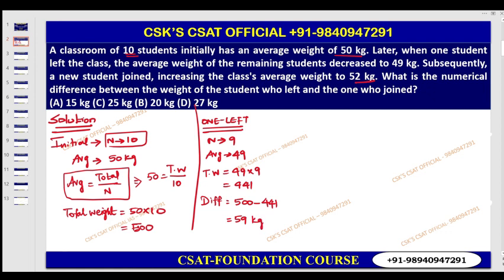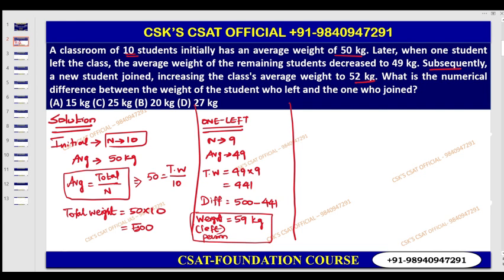So therefore this is nothing but the weight of the person who left. That person's weight, so now you found this one. After that, subsequently a new student joined here.